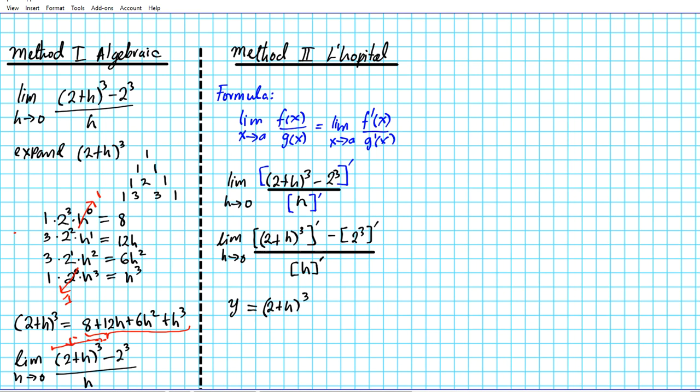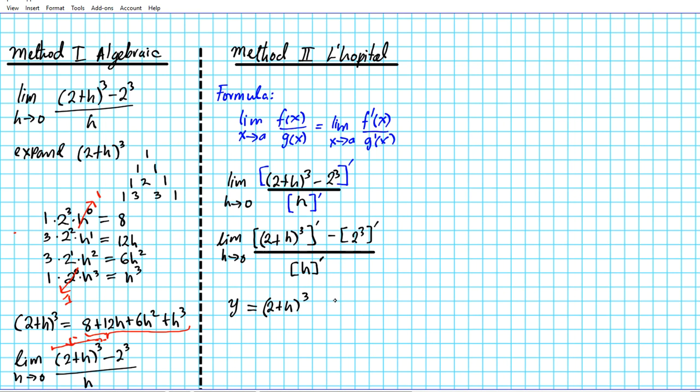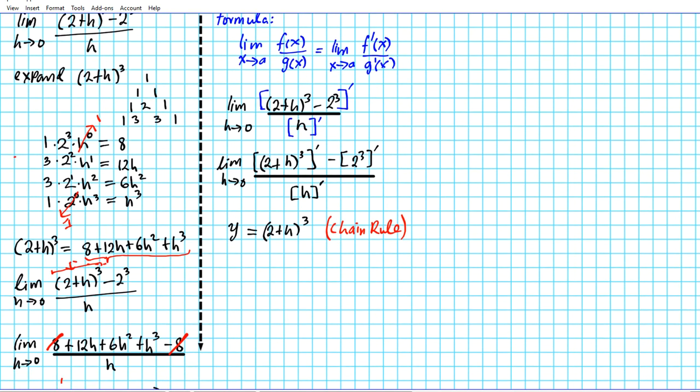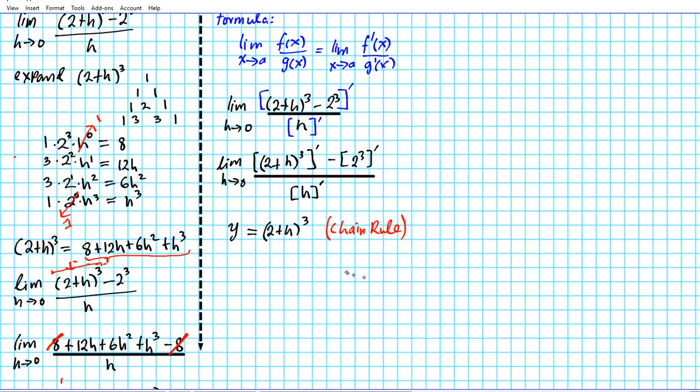Alright, and what we're going to use now is what we learned in the previous lessons, the chain rule. The chain rule just basically means that you're differentiating the outer evaluated at the inner times the derivative of the inner. Alright, so let's make it more visual. We're going to decompose the function y, this composite function right here.